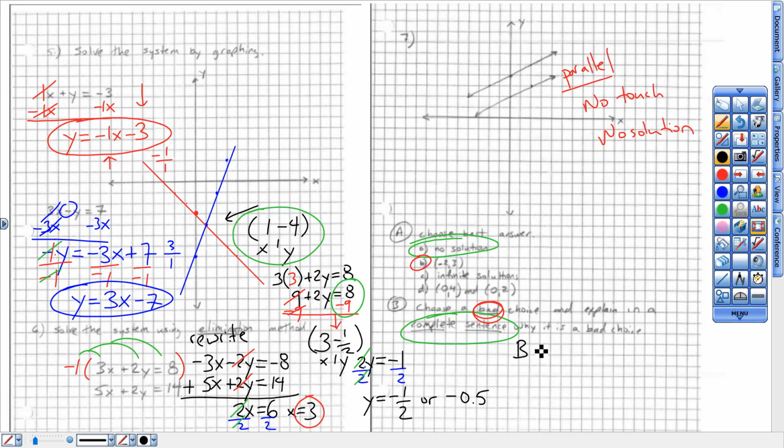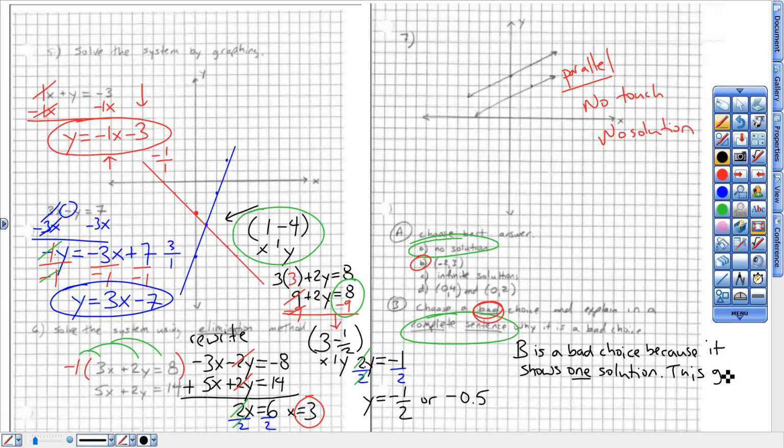B is a bad choice because it shows one solution.